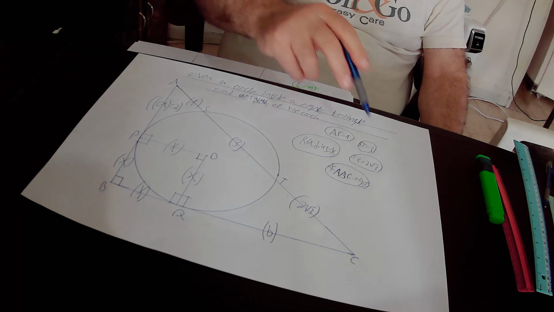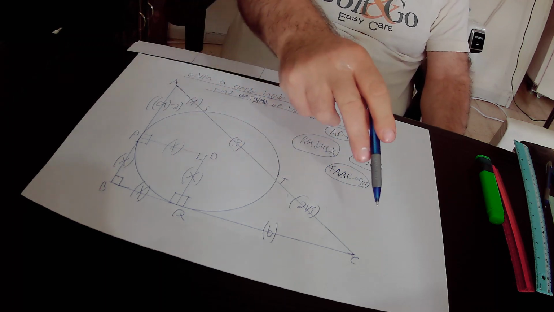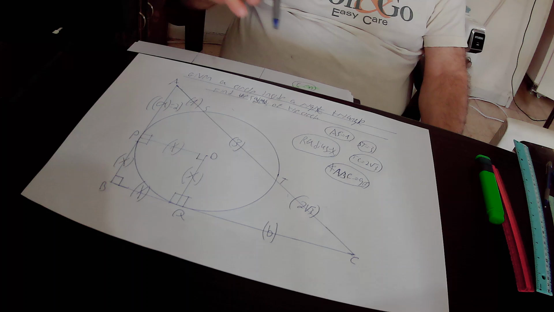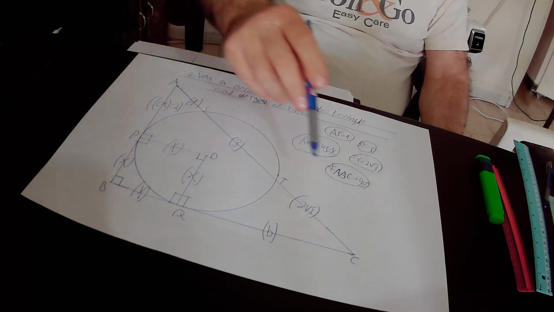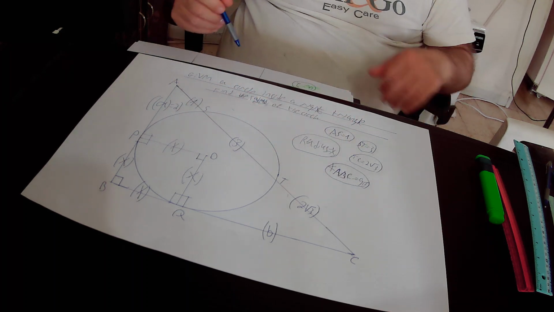According to Rule 10, CQ square equals CT times CS. Again, CQ square equals CT times CS. So I write it down.